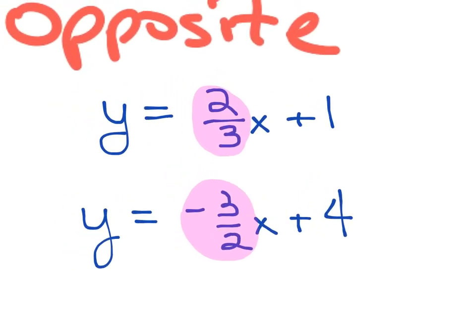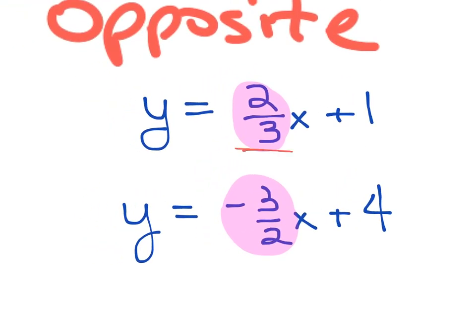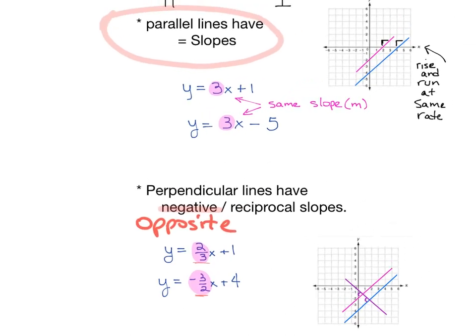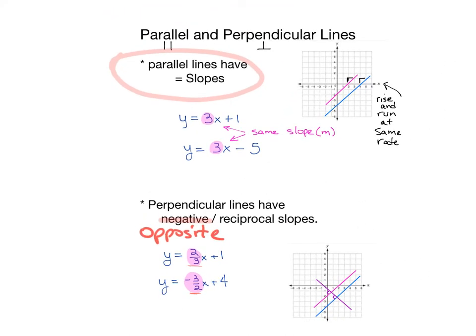So notice the example here. The first equation has positive 2/3, and then the line that's perpendicular to it has a negative sign, and then it's the fraction flipped upside down.